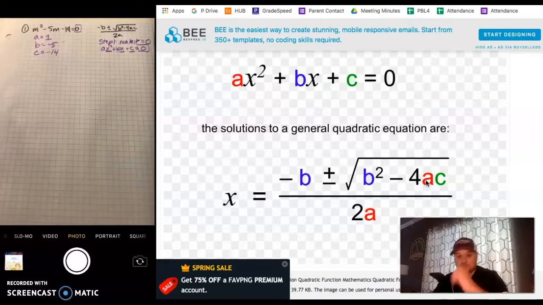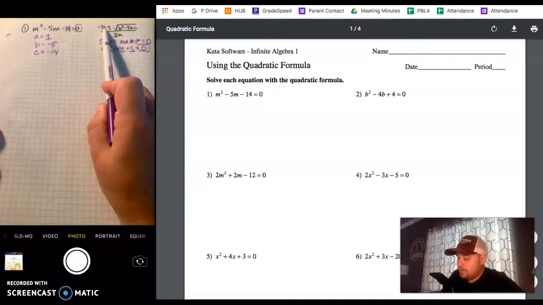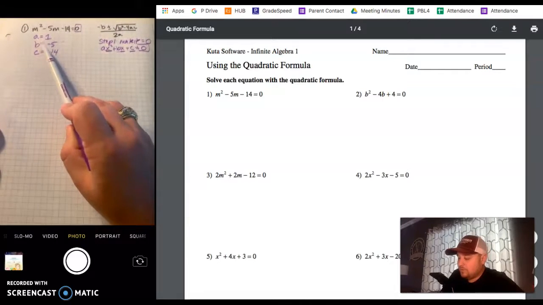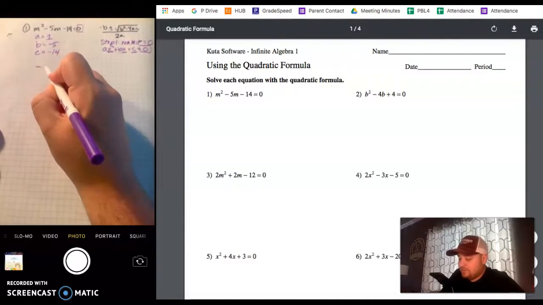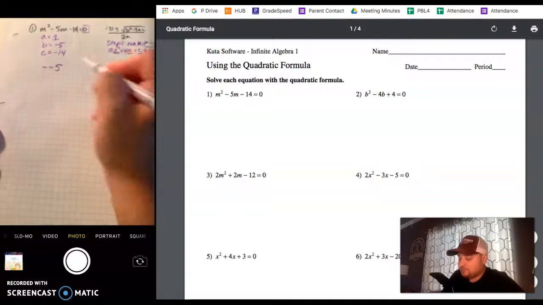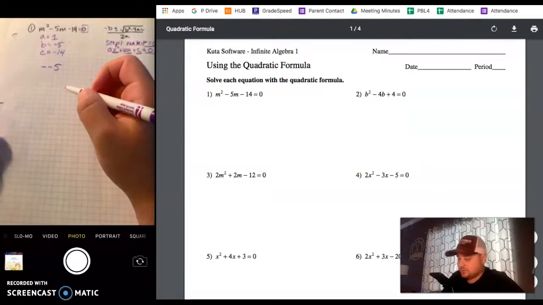All right, so let's go ahead and plug in those numbers from this problem. So negative b. Well, b is negative 5, right? So negative 5, that's going to be the same thing as a positive 5. I'm going to leave it just like that for now, though.